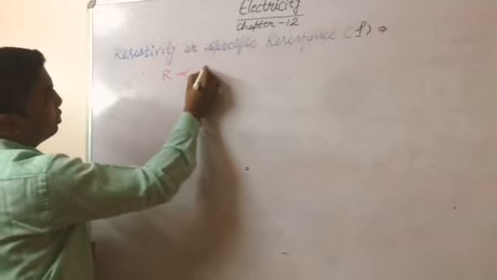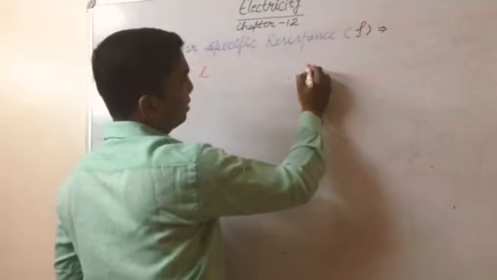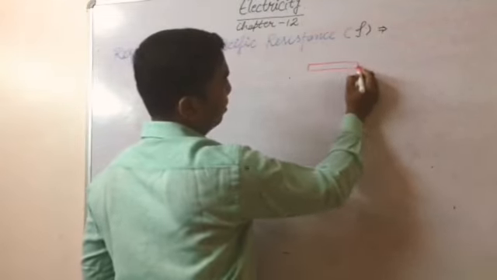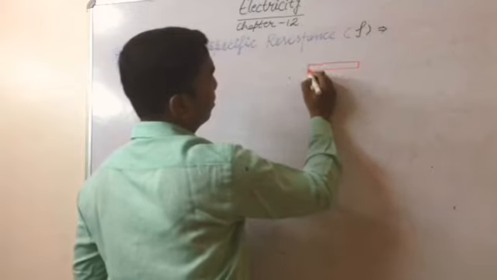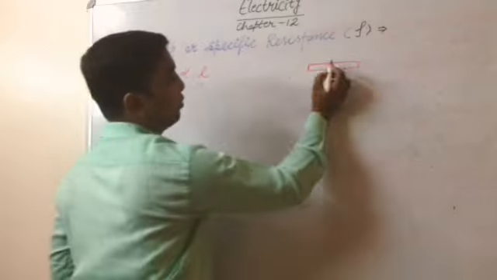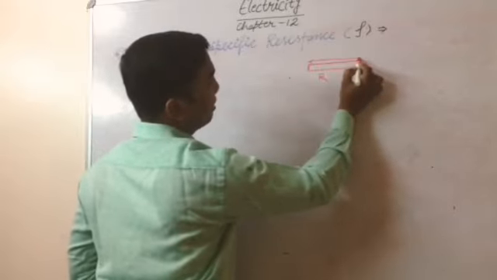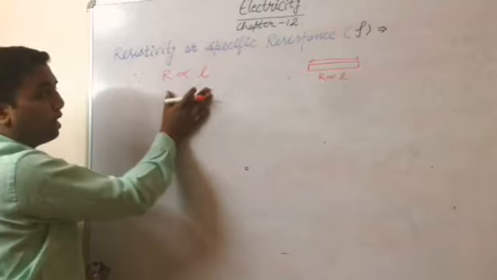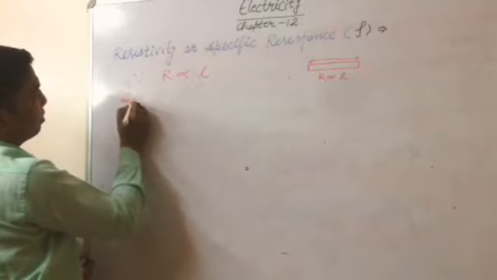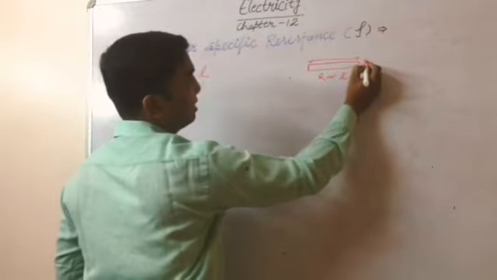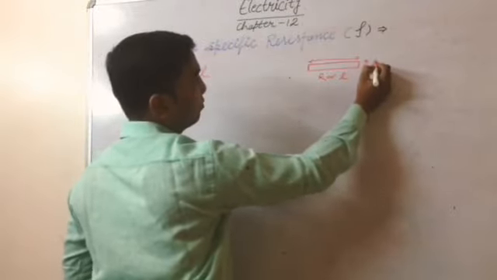Now see here, since resistance is directly proportional to the length of a conductor, like you take a wire, what is the resistance of this wire? Suppose the resistance is R. So we know the resistance of the wire is directly proportional to length, so we can write R proportional to L. And this wire has a certain thickness also.